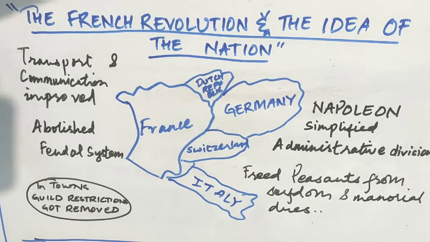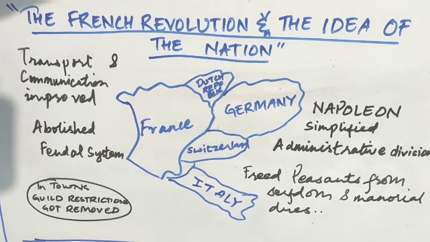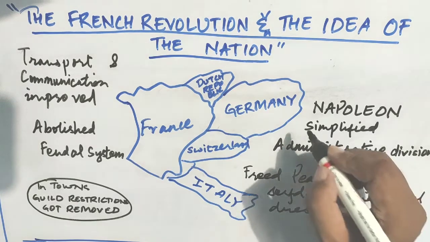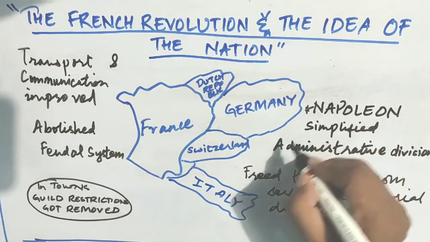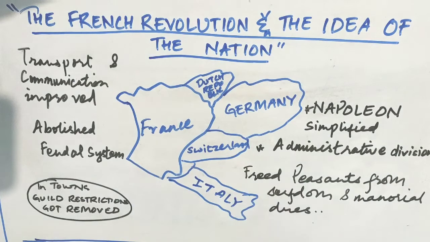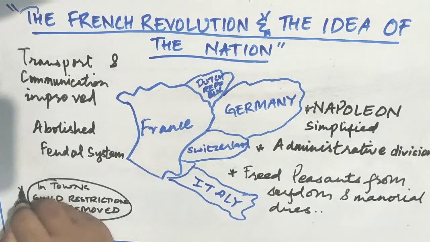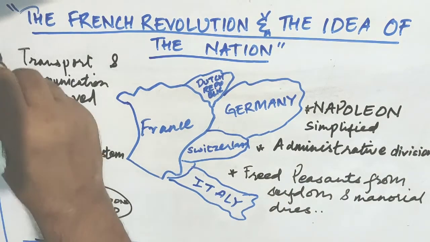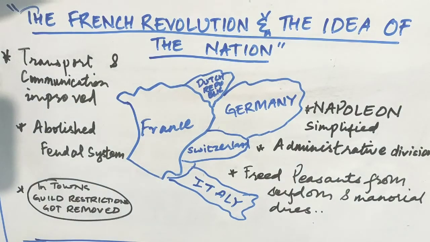His ideas or civil code were exported to those regions which were under French control, such as Germany, Switzerland, Italy, etc. He simplified the administrative division, that is, made the office system more efficient, and freed peasants from serfdom. He abolished the feudal system.